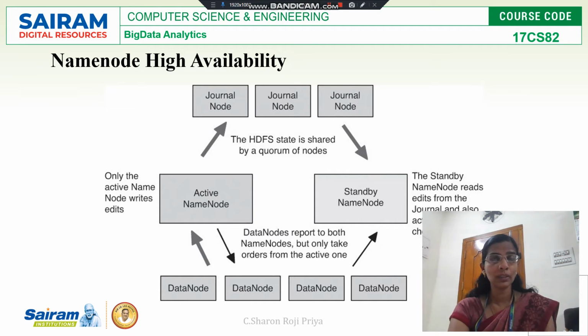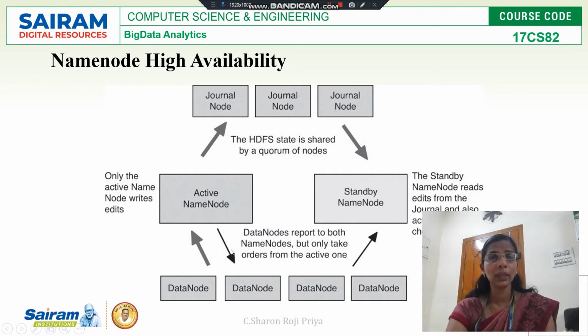because it is a single point of failure. If the name node fails in the previous version, the entire cluster will fail. So I should not allow this. To avoid this, I am going for this configuration, name node high availability. In name node high availability, I have only one active node and many standby name nodes, and the configuration and software will be exactly the same in both active and standby name nodes.